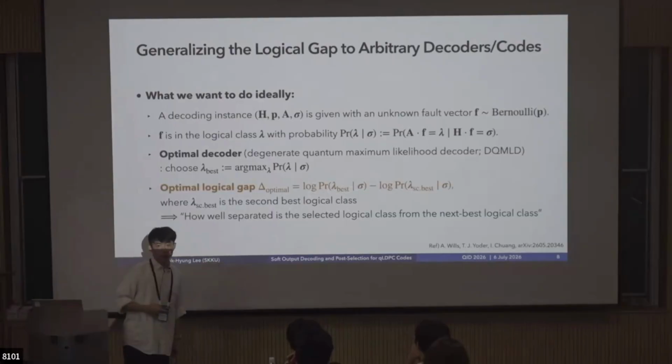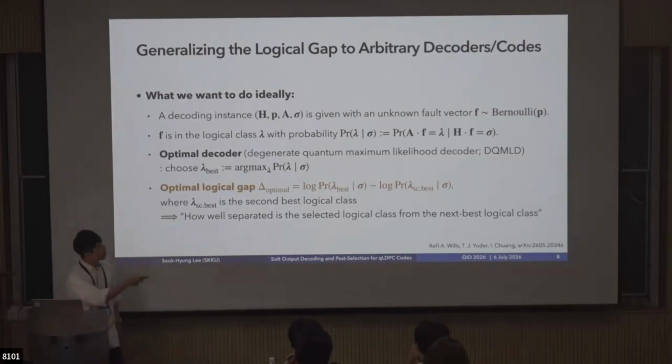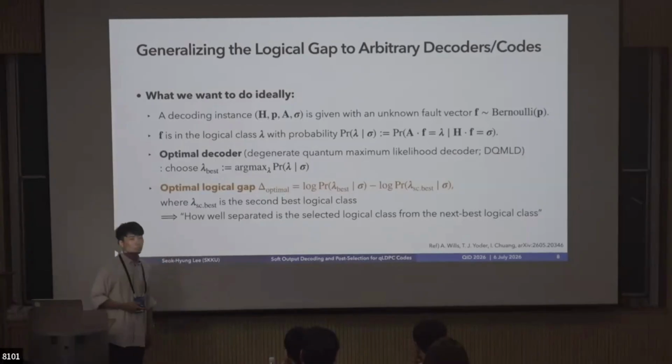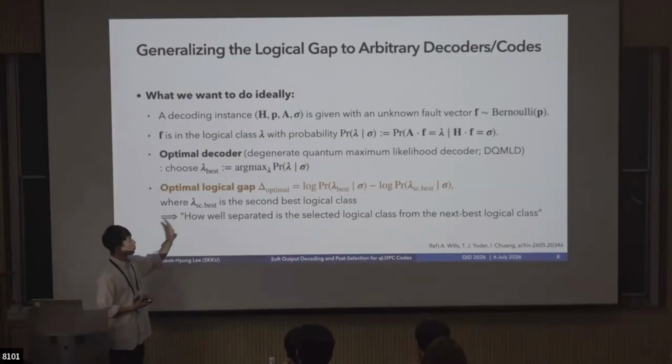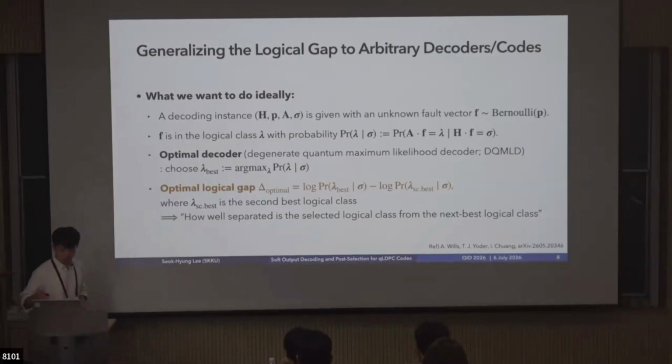Here lambda best is the logical class selected by the optimal decoder, and lambda second best is the logical class with the next highest conditional probability. This metric quantifies how well separated the selected logical class is from the next best one. So intuitively, we can use it as a kind of confidence metric for the logical class we choose.